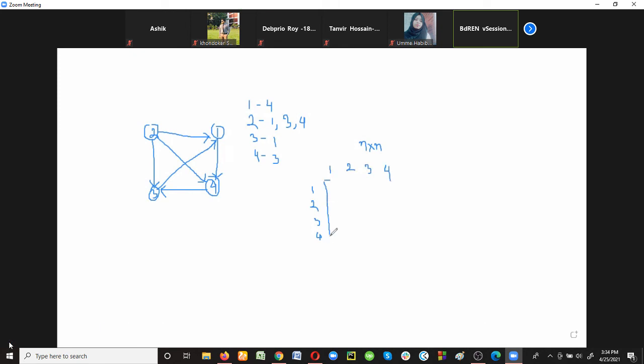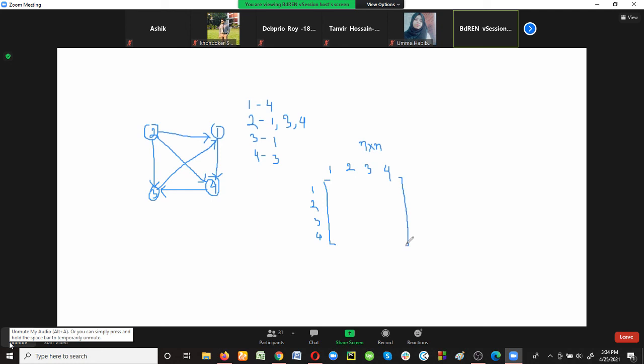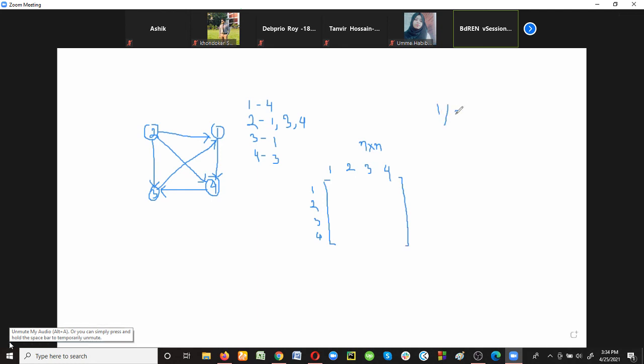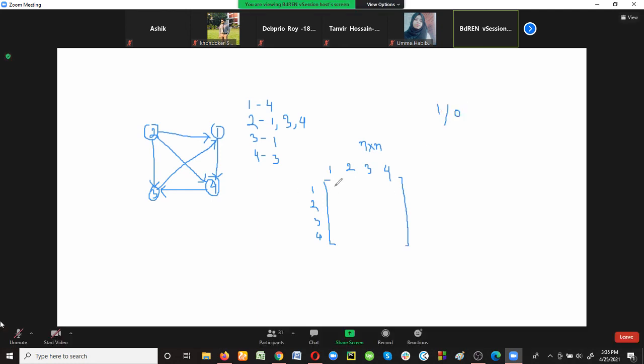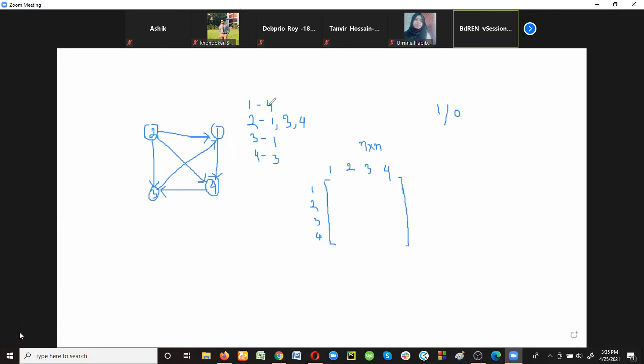So how many cells are here? 4 into 4, that is 16 cells. And how can we fill up the cells? By using the value 1 or 0. If node 1 has any adjacent vertex, then the value will be 1, otherwise it will be 0. So for 1, only one node is an adjacent node of 1, that is 4. So in this cell, we can easily put the value 0.